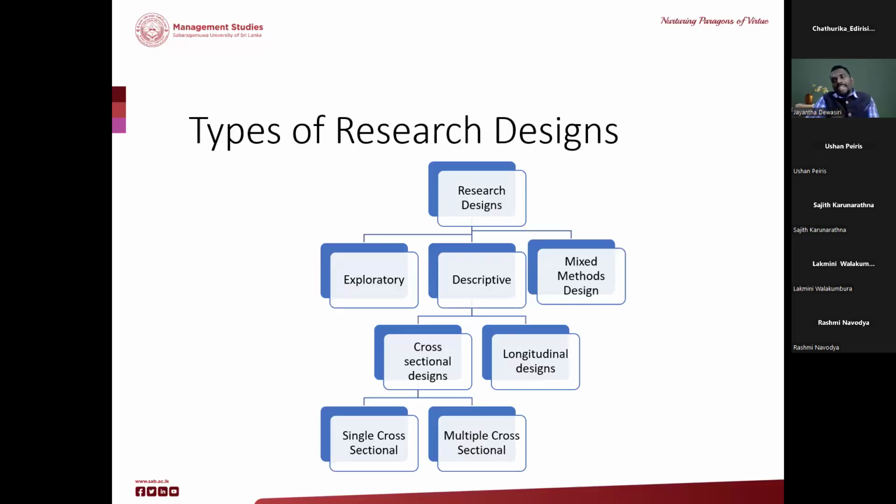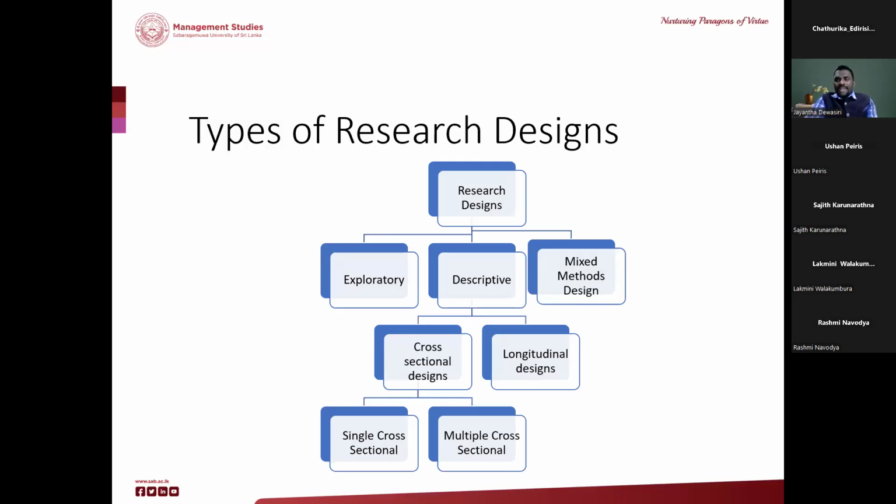Here you can see broad types of research designs. In broad level, we can see exploratory research design. It is basically qualitative research design, so it requires a kind of exploration.